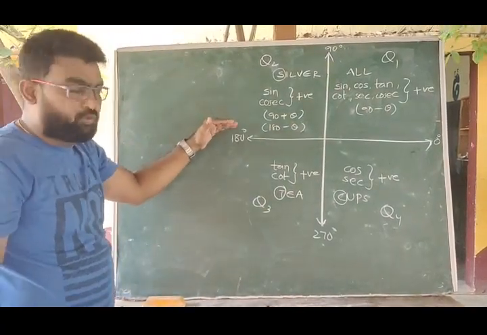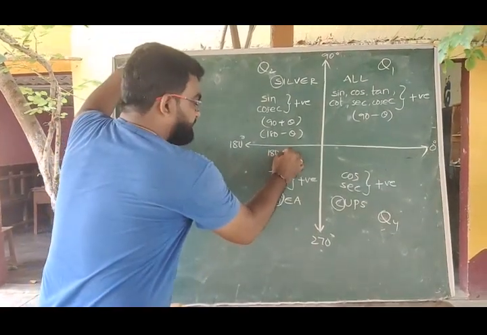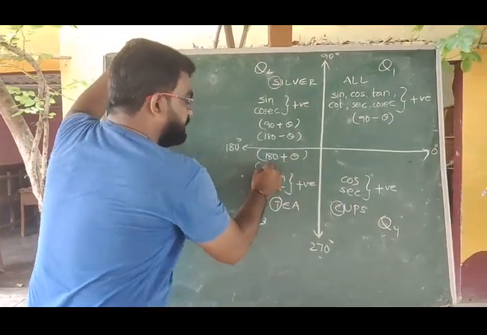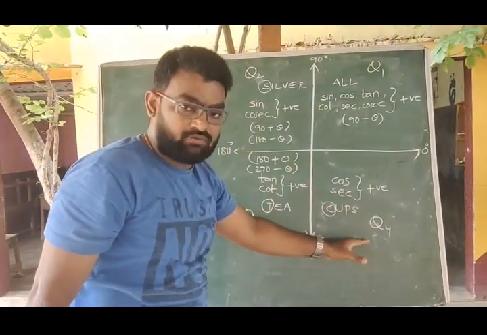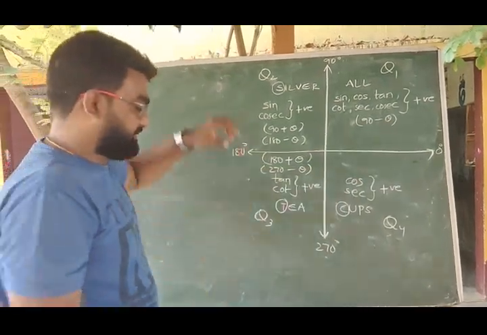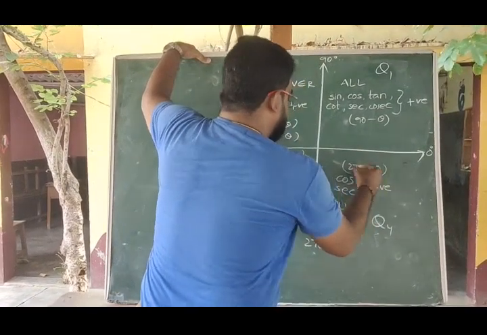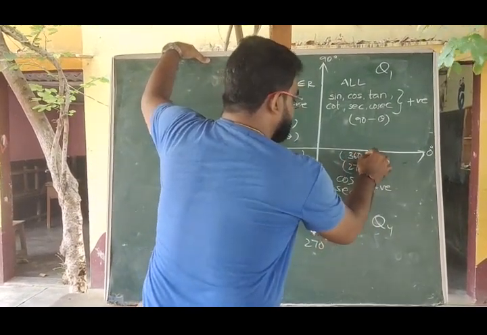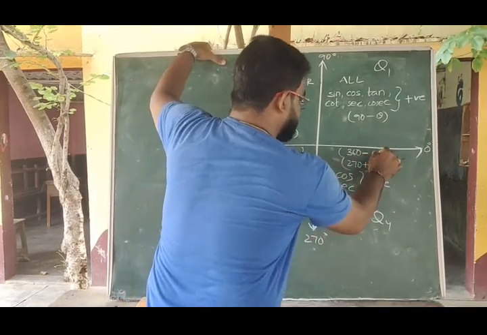This one, more than 180 and less than 270: 180 plus theta and 270 minus theta. Next, quadrant 4, which is more than 270 and less than 360: 270 plus theta, 360 minus theta.